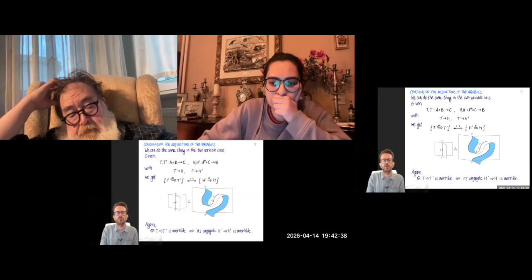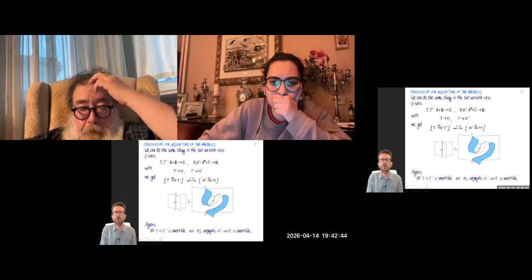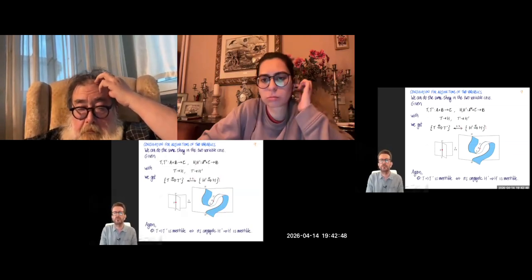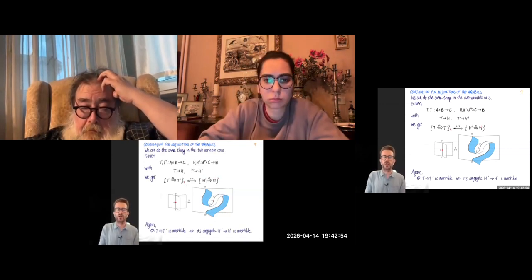The natural transformations between T and T prime are in one-to-one correspondence with natural transformations between H prime and H. Again, we reverse the order and we get the same sort of picture.